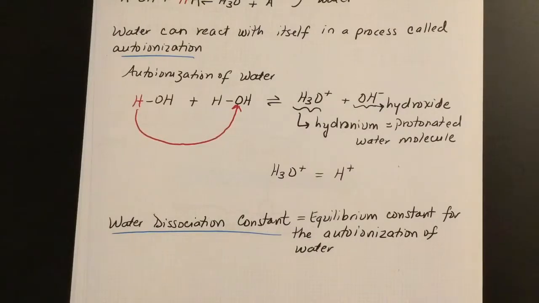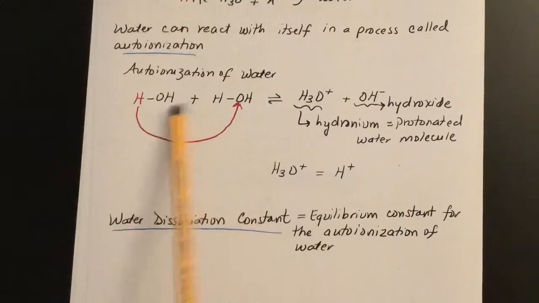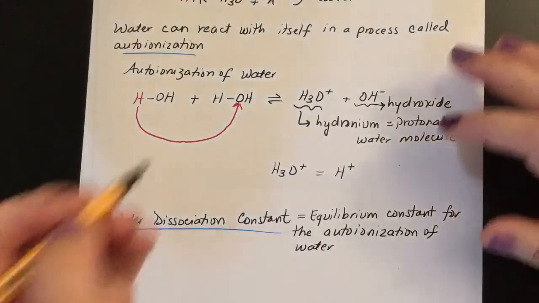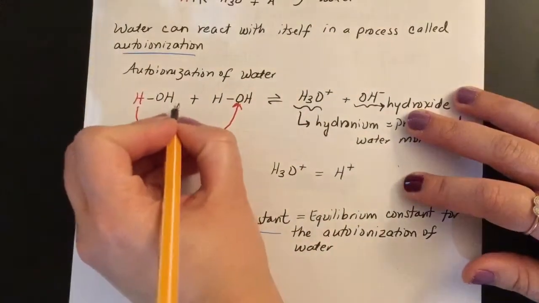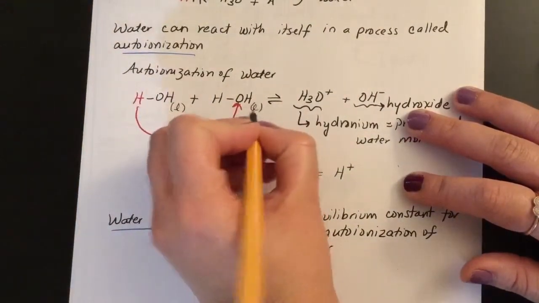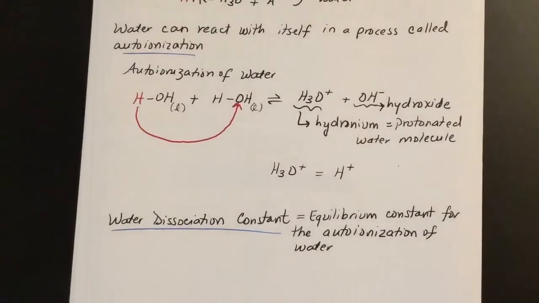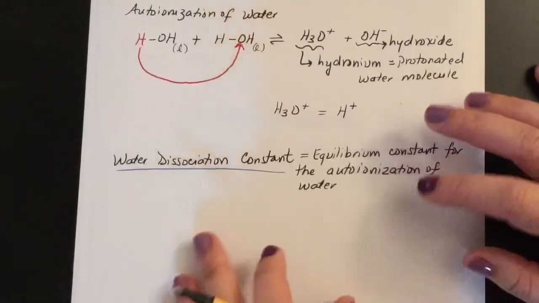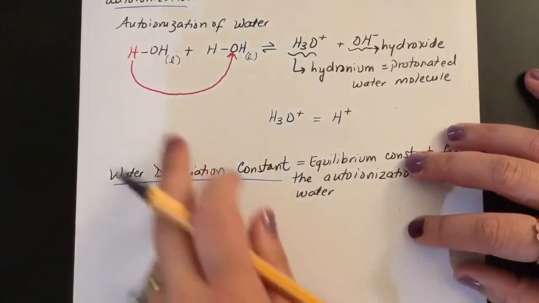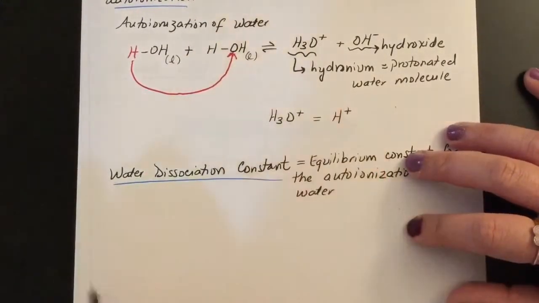You're going to include in an equilibrium constant anything that is a gas or any ions. Your two water molecules here are representing a pure liquid, which is your water. So I'm going to write down L. So we can actually write down our equilibrium constant expression for this autoionization of water here.